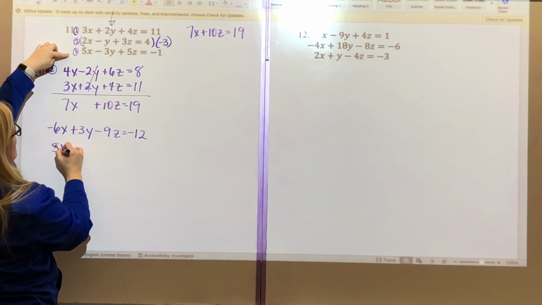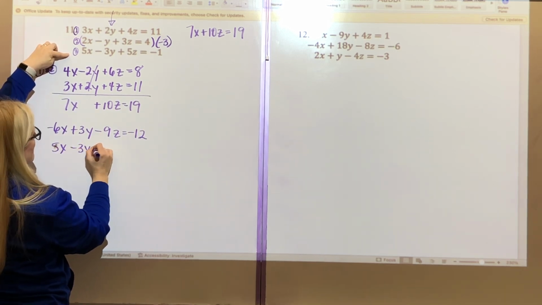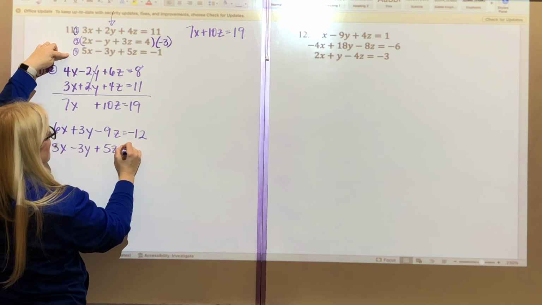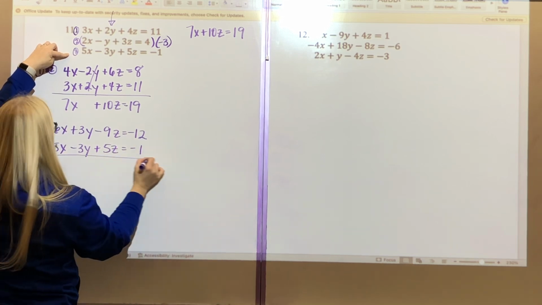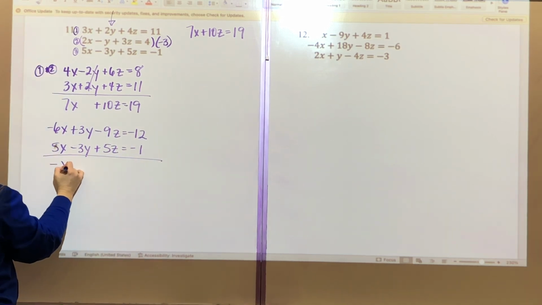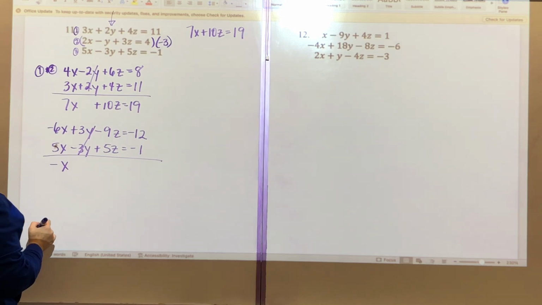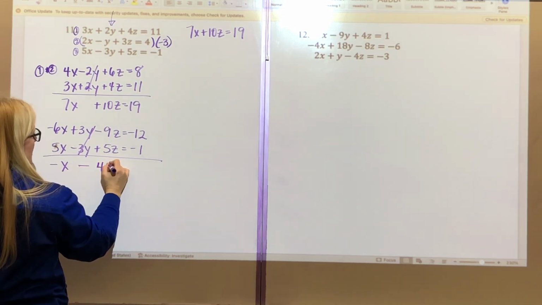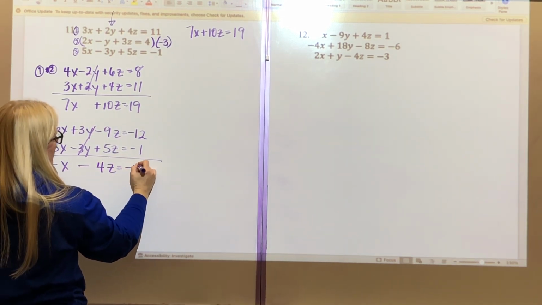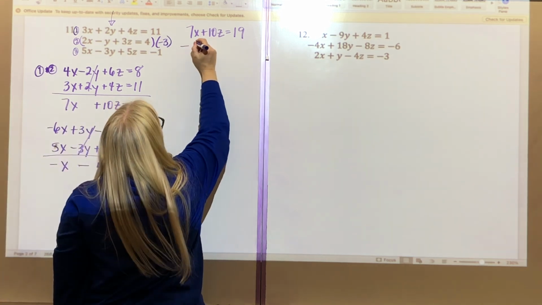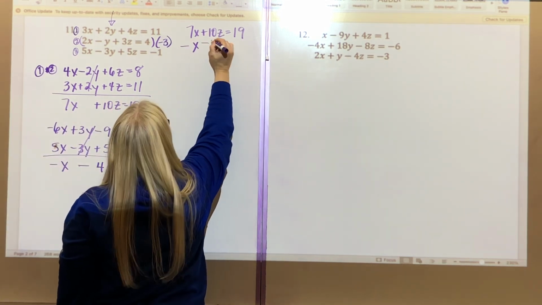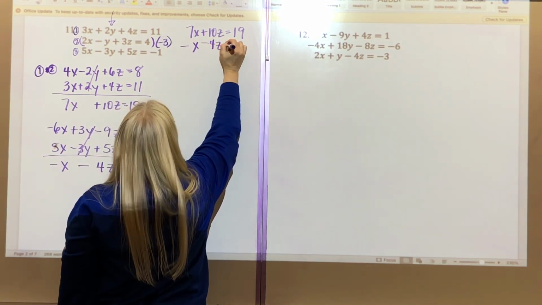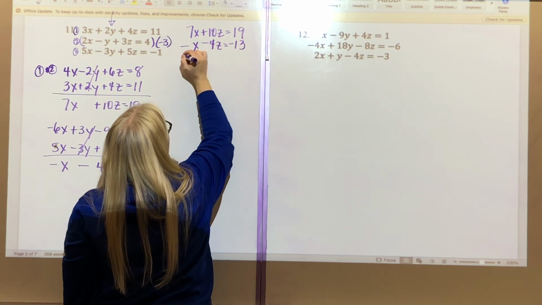And then I just copy this one. So for this, I'm going to get negative x, that cancels, minus 4z equals negative 13.